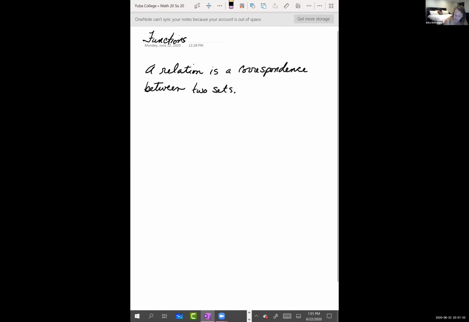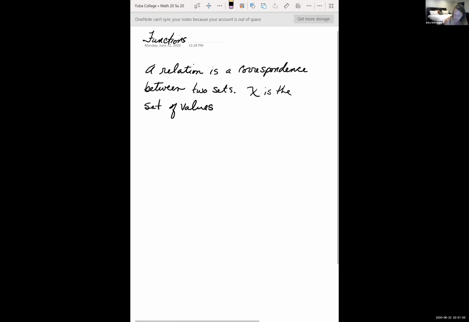So x is the set of values in the domain. And y is the set of values in the range.